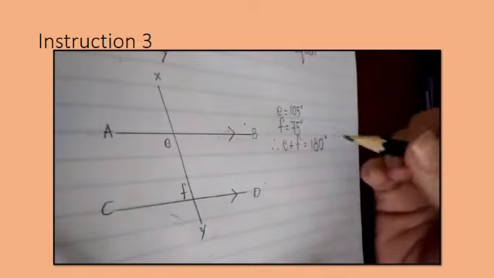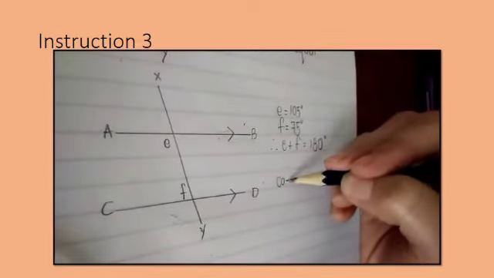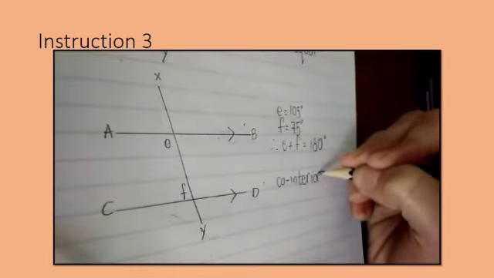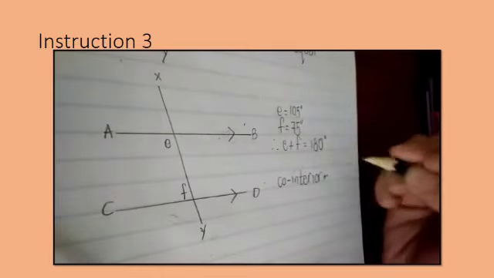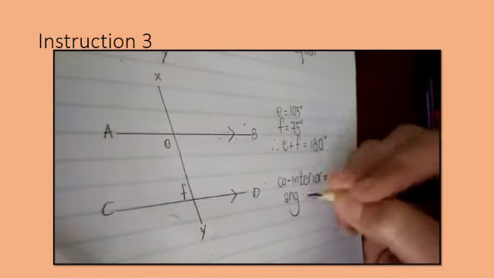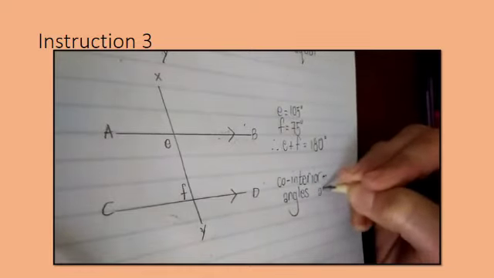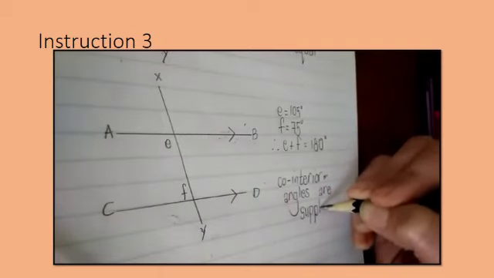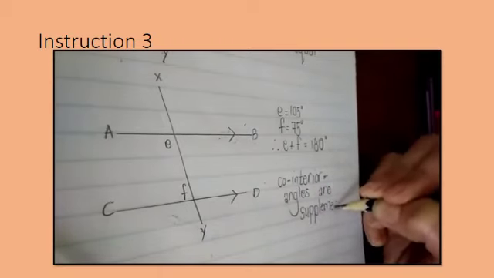And these angles we call co-interior angles. Okay, and co-interior angles are not equal but supplementary, as in they add up to 180 degrees.